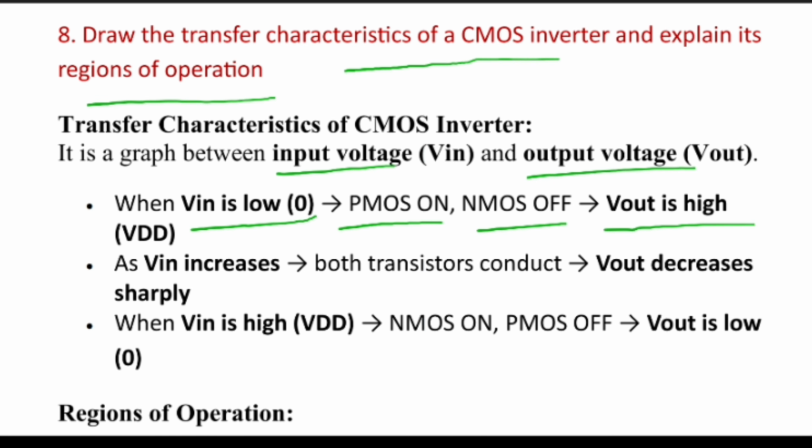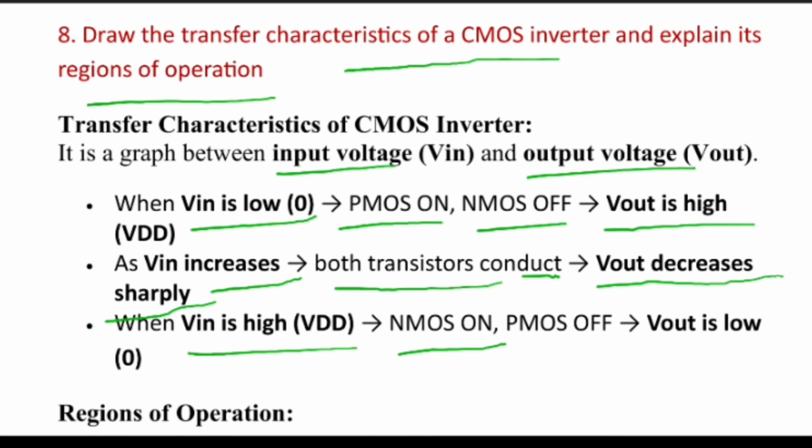As input voltage is increased, both transistors conduct and output voltage decreases sharply. When input voltage is high, NMOS is on and PMOS is off, and output voltage is 0. I have only explained how the graph behaves.